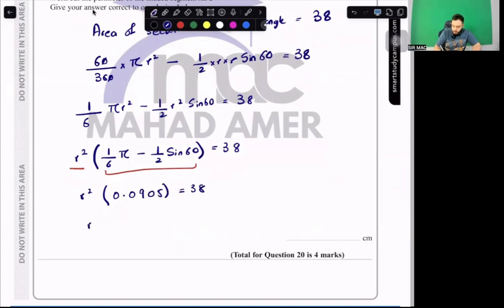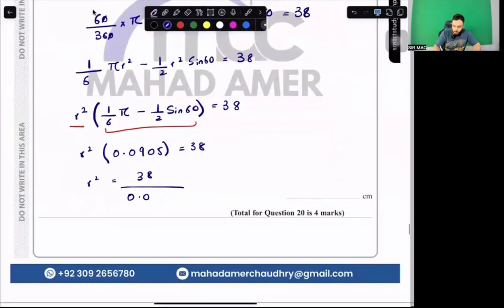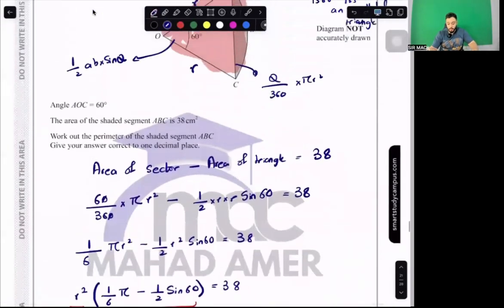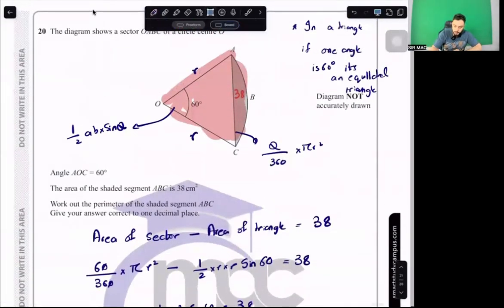I'm just going to divide 38 by 0.0905. You would get r squared as 419.5, and then you take the root. You would get r as 20.48, that's 20.5.